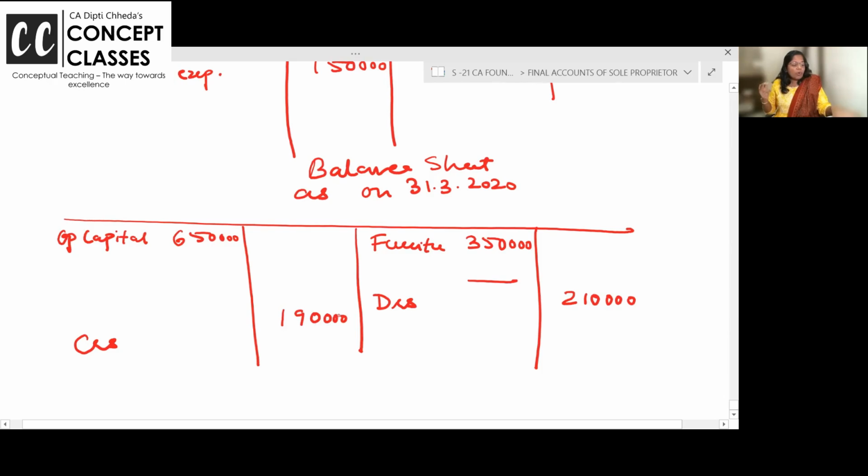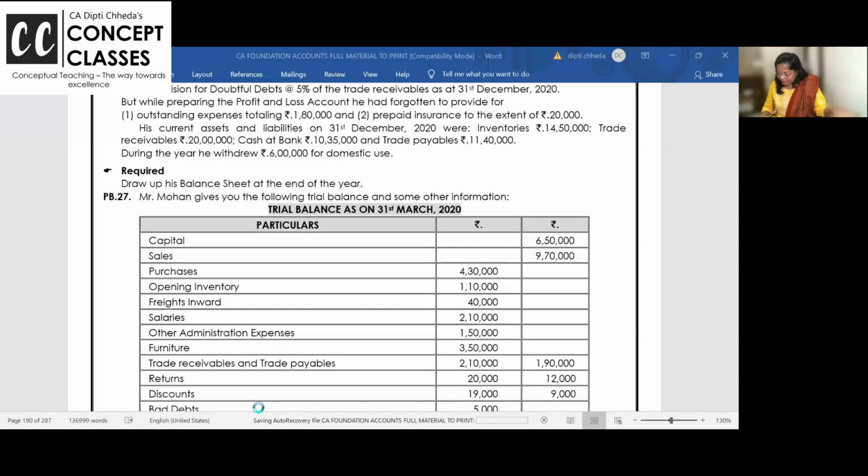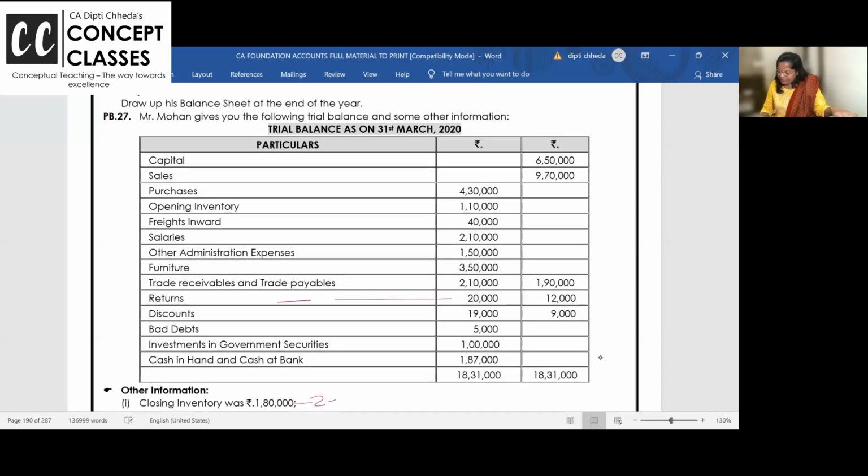Returns. Now both returns are there. So the debit side returns, what will that be? You have to judge now. I want all of you to check with me, dear students. Look here, please, all of you. See, both returns are there. What is the nature of sales? Credit.